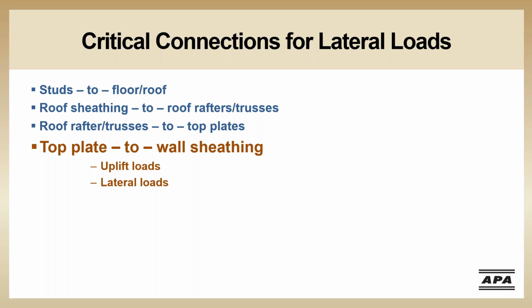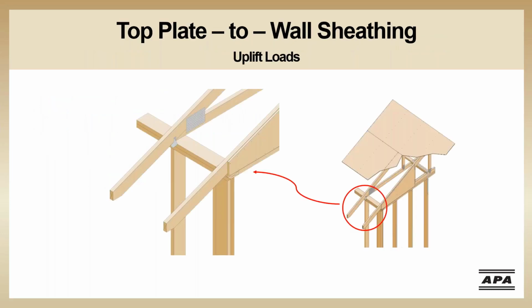Our next connection is the attachment of the top plate to the wall sheathing to resist both uplift and lateral loads. First, we will talk about the uplift loads. In a typical framed house, there are two top plates at the top of the wall on which the roof framing bears. We will refer to these as the upper top plate and lower top plate.